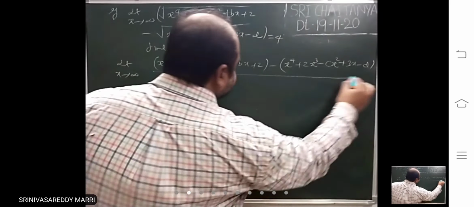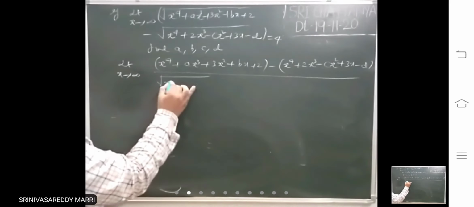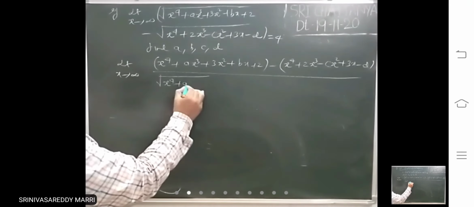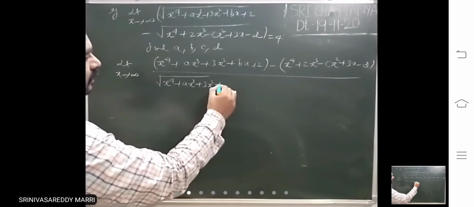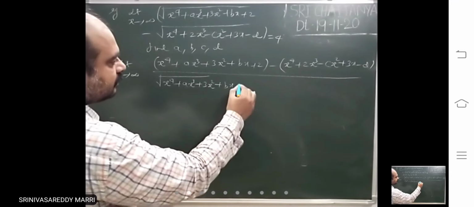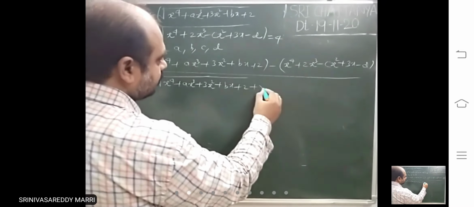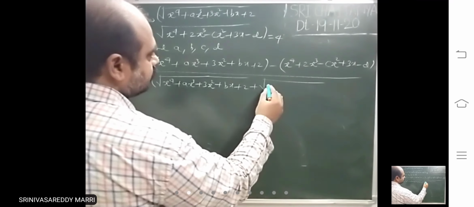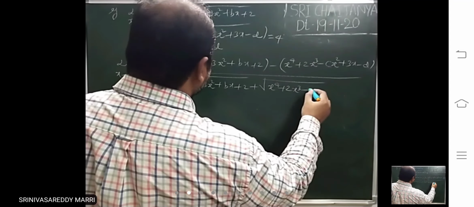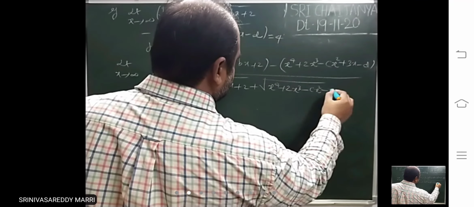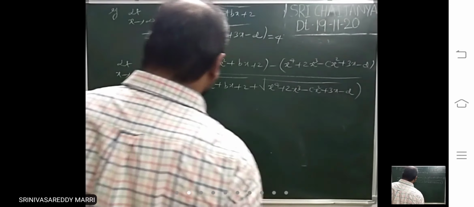A square minus b square, divided by root of... plus.